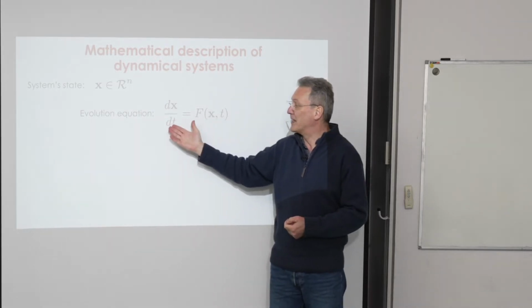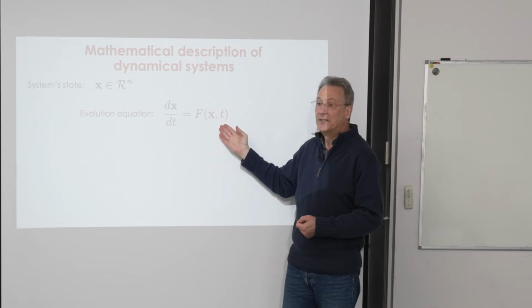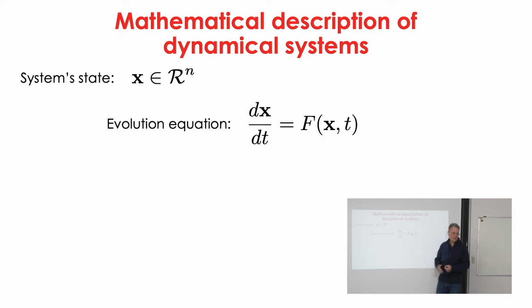And to describe the evolution in time of x, you say the variation of x in time is equal to a certain function. What is important is that this function relies on the state of the system at a certain date t. Okay? So the variation of x will be, in a way, a function of the state of the system at this very moment.